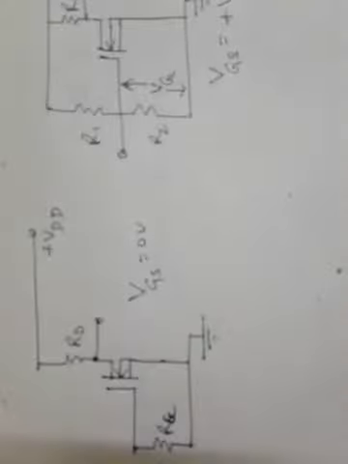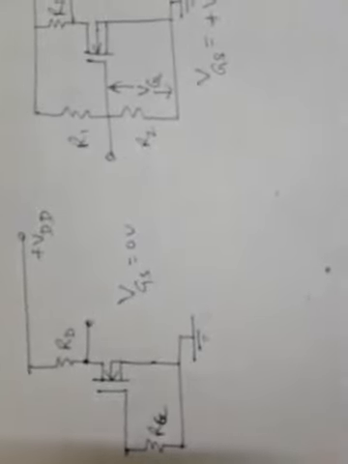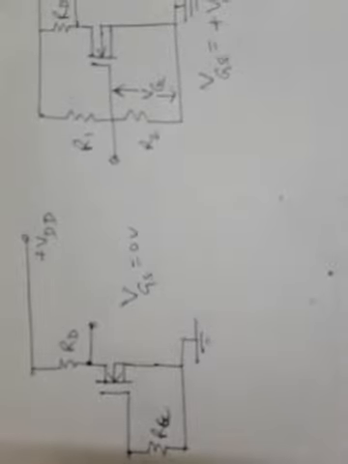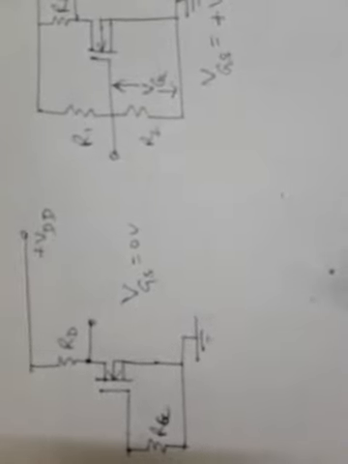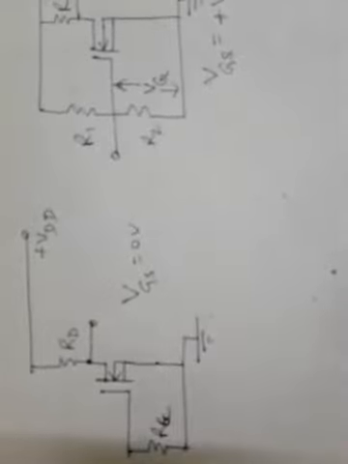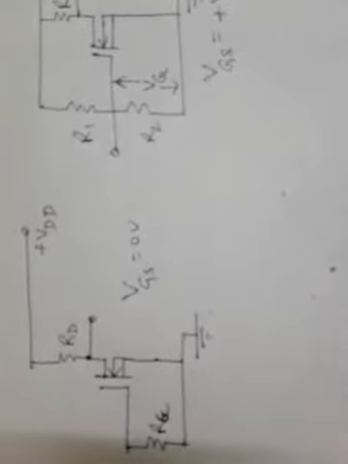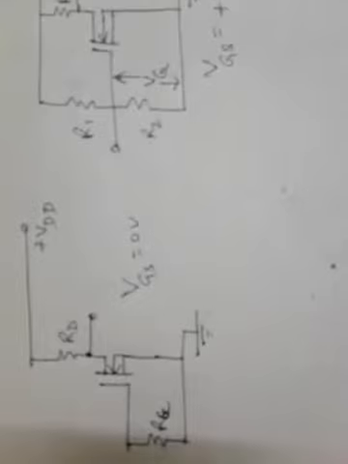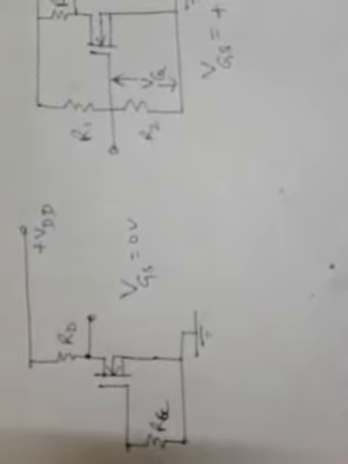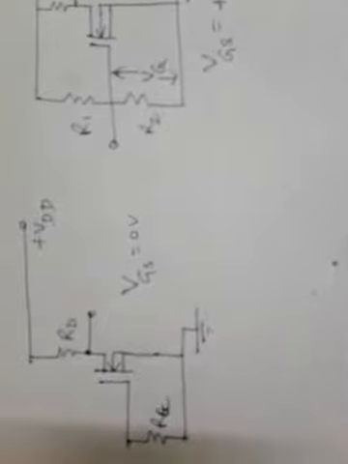Now let us consider two fixed voltage bias circuits. In these diagrams you can see that N-channel MOSFETs have been considered, and these are fixed voltage bias circuits, and depletion enhancement type of device have been considered. So VGS may be positive, negative or 0 in this case.